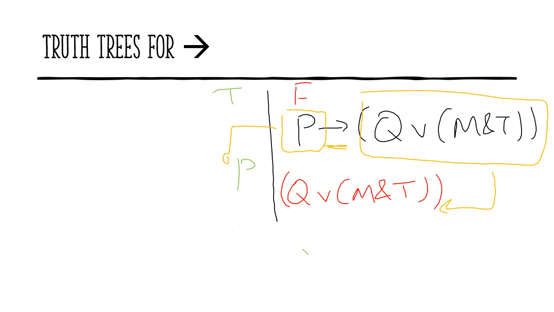So, same rules apply as in the basic P arrow Q sense, just it looks a little bit more complicated here. And I won't go through breaking this one up more, but we'll do that on the next couple slides. But I just want to be able to show you that the rule is always the same.